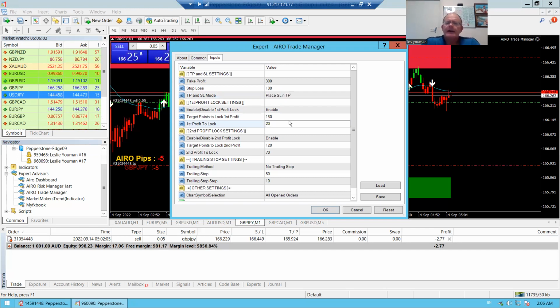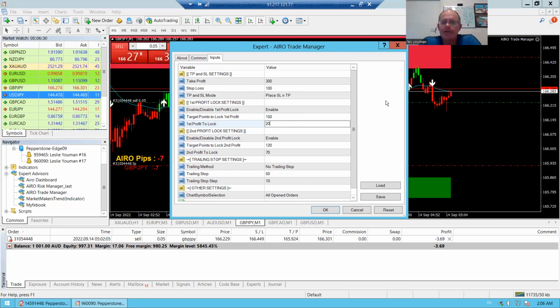Each pair, like on pound yen, a 200 pip movement, a 200 point movement isn't very much, but on Euro USD, a 200 pip movement is a reasonable amount of more movement. So I think each pair really does require slightly different settings.